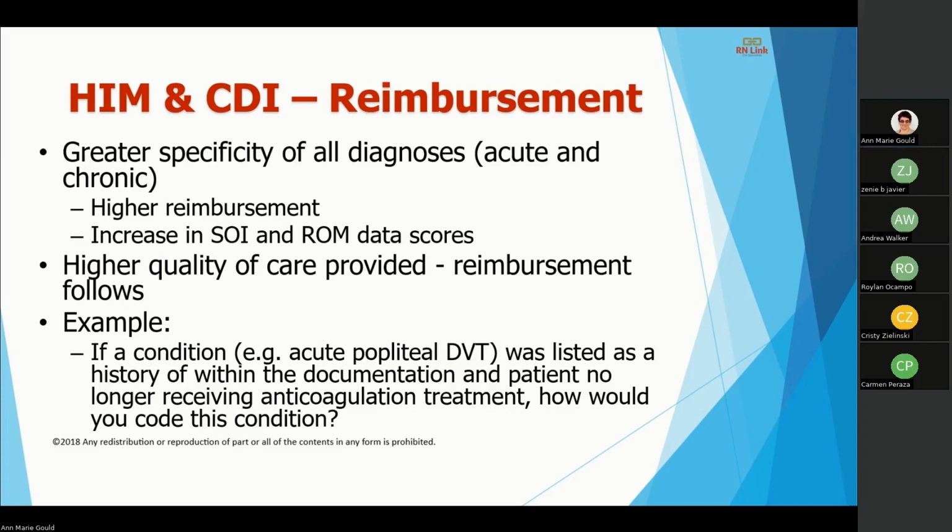Okay. One example: if a condition was listed as a history of within the documentation and the patient is no longer receiving anticoagulation treatment, how would you code this condition? Would you code acute popliteal DVT?